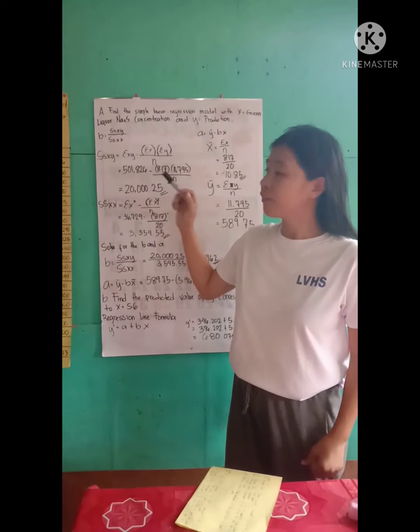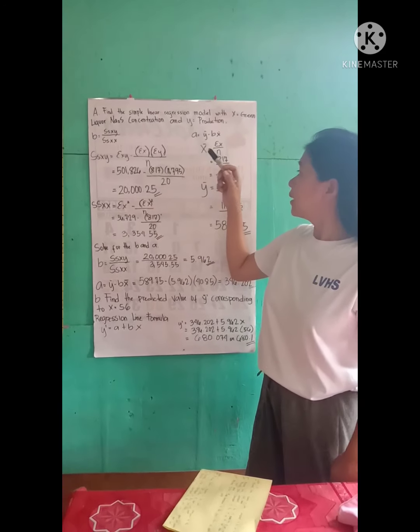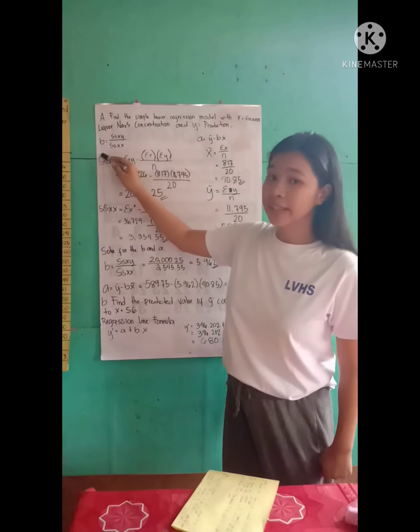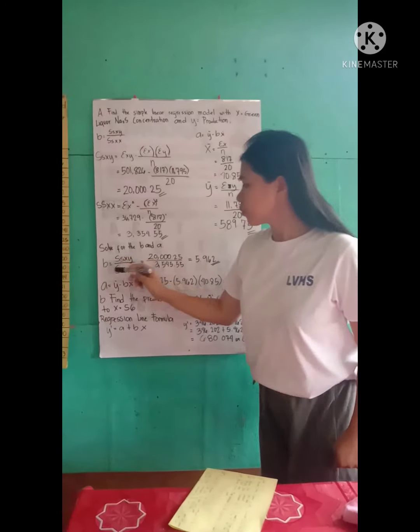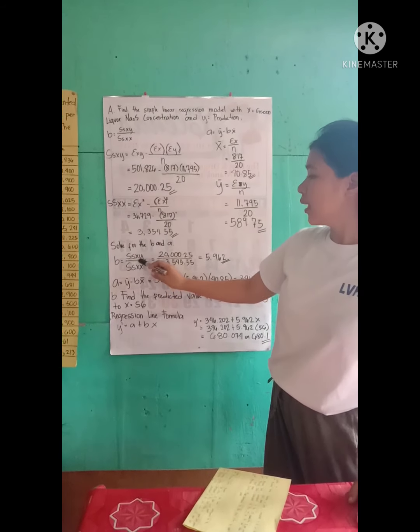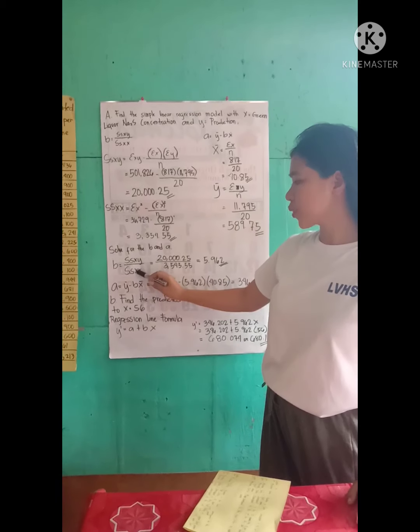We have the value of the summation of square xy, summation of square xx, the mean of x and the mean of y. We can now solve the b and the a. So to solve for the b, b is equal to summation of square xy divided by the summation of square xx.